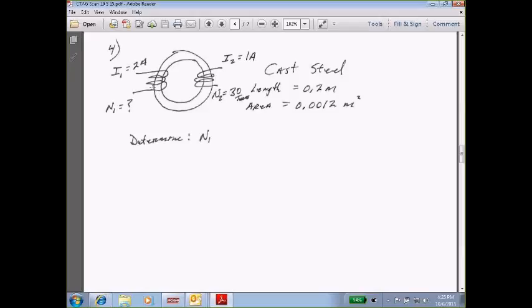We don't know how many turns are on that coil. On the second coil, we've got 1 amp, 30 turns, cast steel. The length I give you is 0.2 meters, and the area is 0.0012 square meters. We're to determine N1.